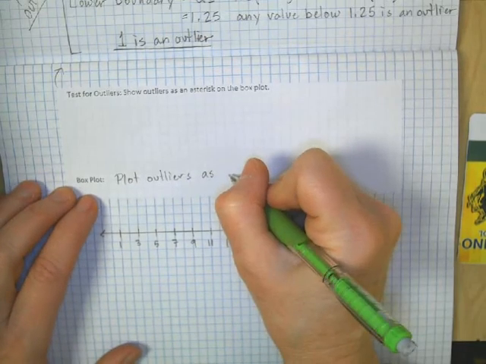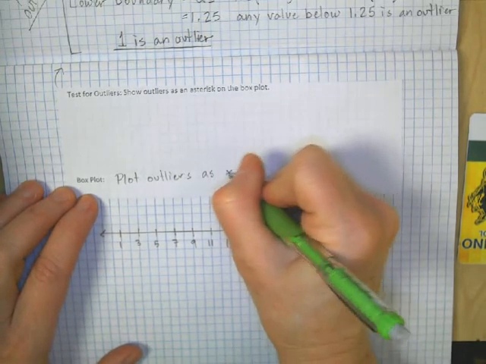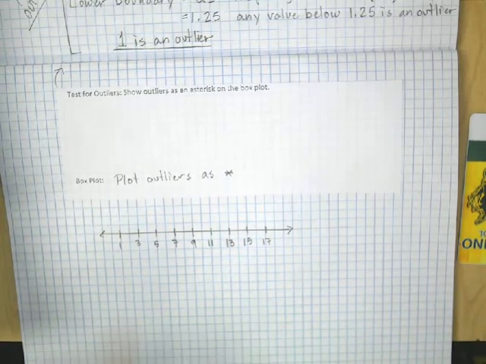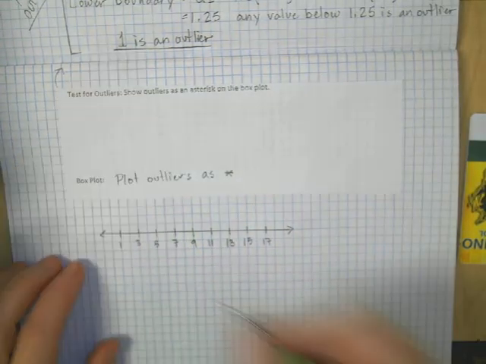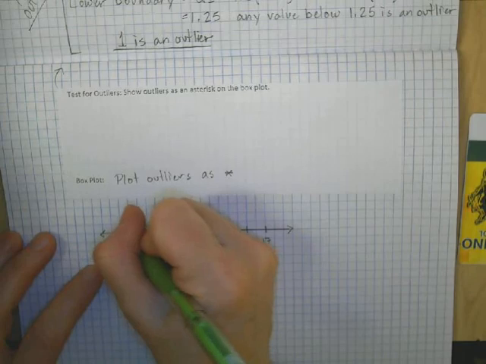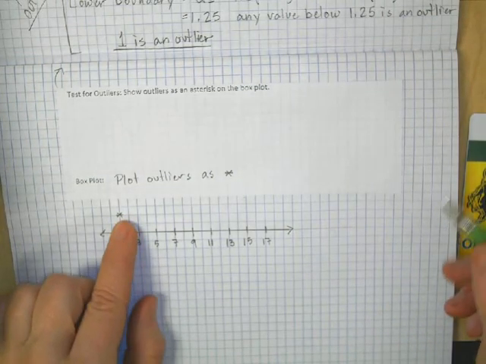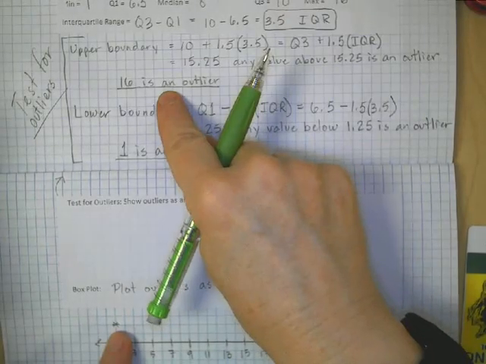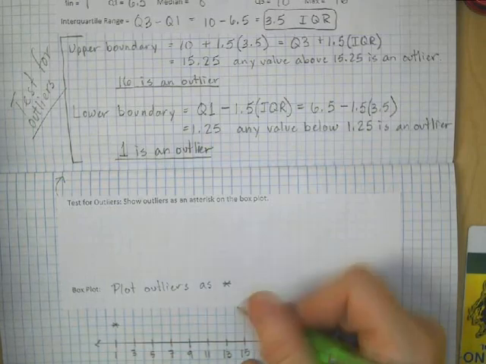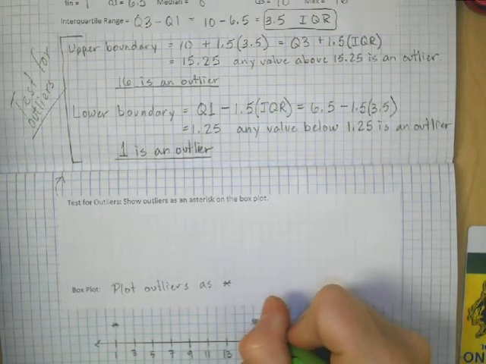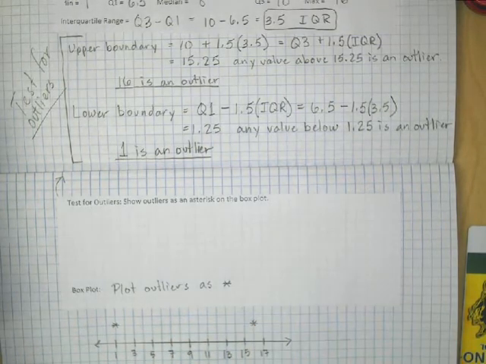My 1 I determined was an outlier, so I'm going to have a little asterisk at 1. And then I also determined that 16 was an outlier on the upper end, so I'm going to put a little asterisk at 16. That's how I show my outliers.